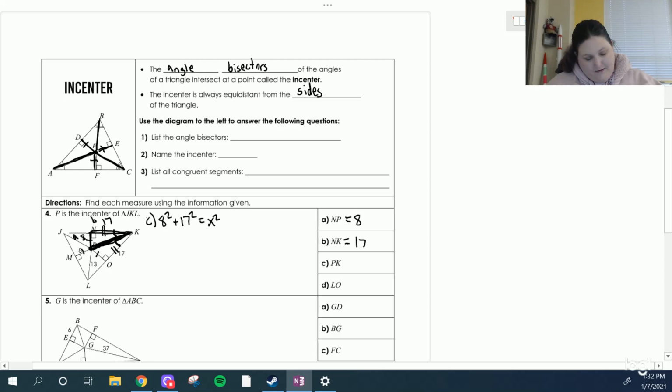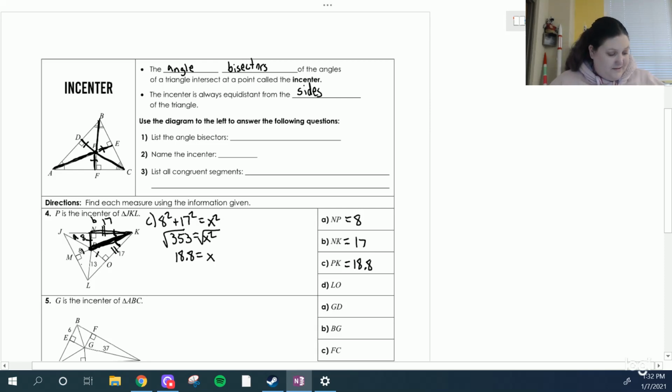When you add those up, you get 353 equals x squared. To solve that, we take the square root of both sides, and we get 18.8 equals x. So PK is equal to 18.8.